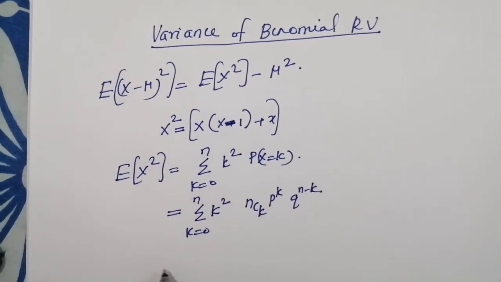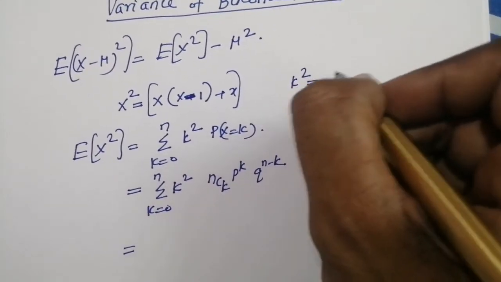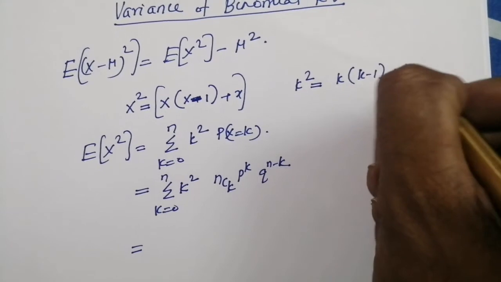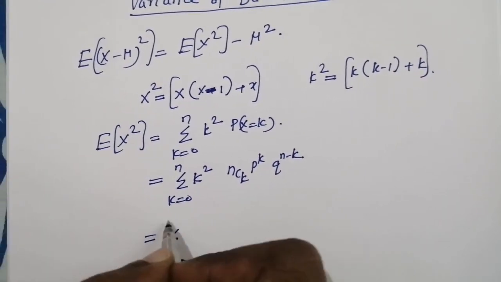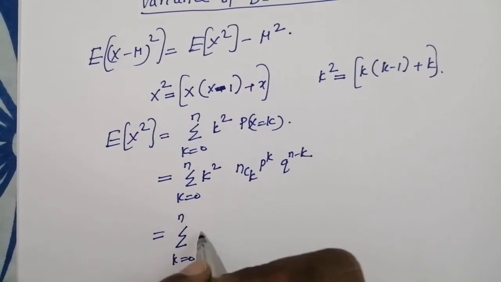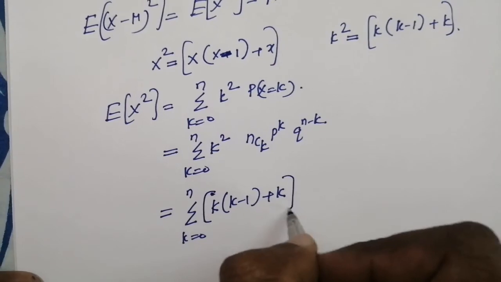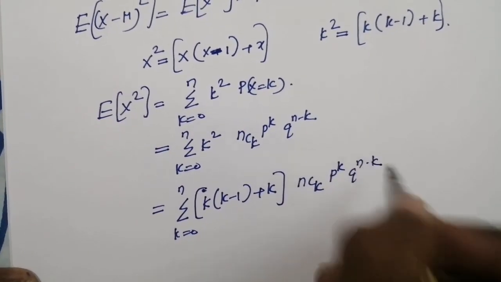Right. So we know that k square can be written as k into (k minus 1) plus k. So this can be written as sigma k equal to 0 to n, (k into (k minus 1) plus k) into nCk p raised to k q raised to n minus k.